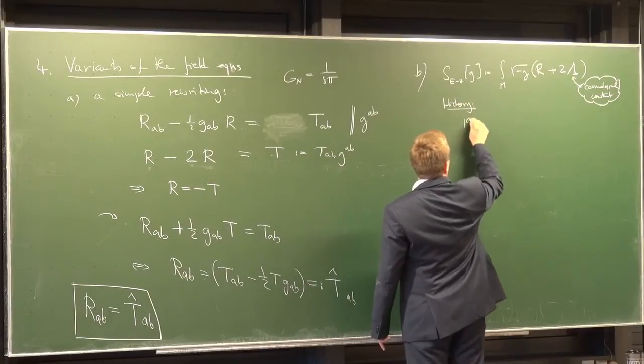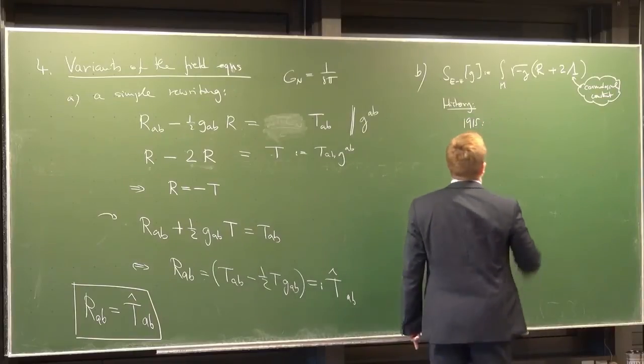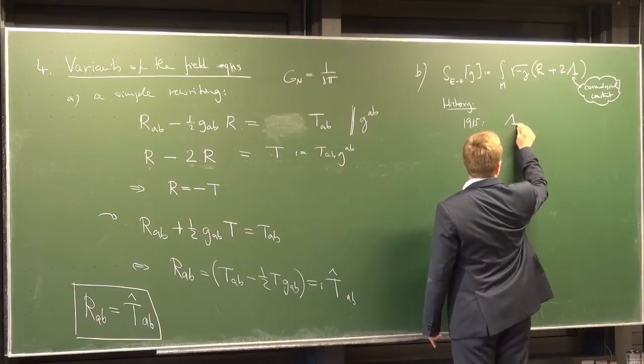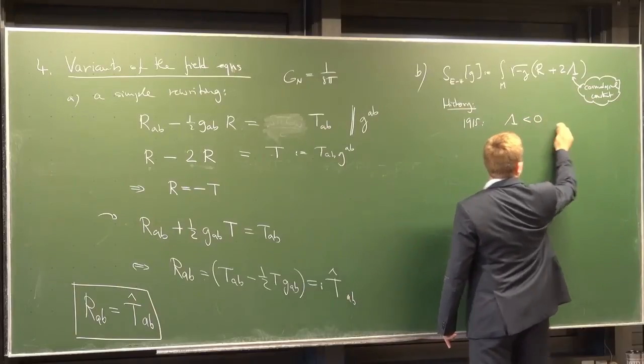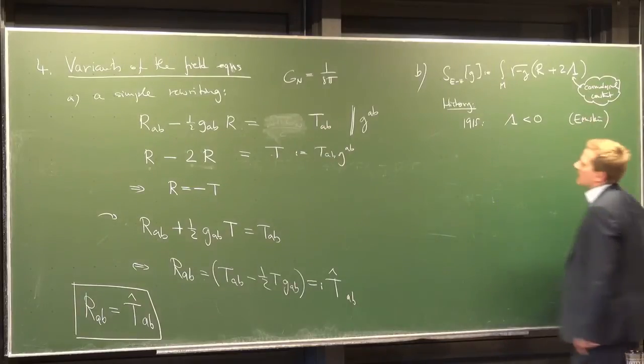So 1915, right, I think, Einstein said it must be there. Einstein said the cosmological constant is there and it's less than 0. Einstein wanted that. Why?